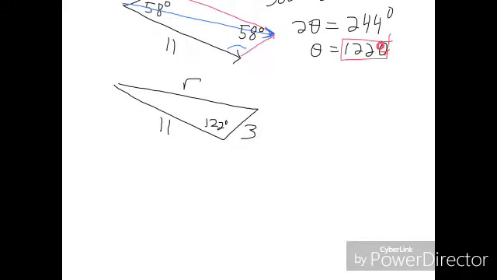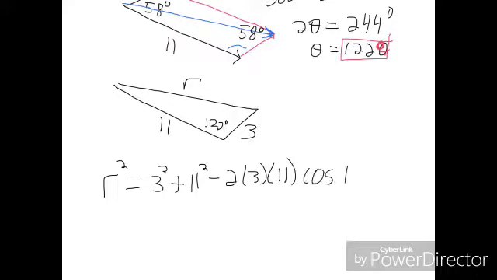All right, law of cosines. r squared equals the other two, 3 squared plus 11 squared, minus 2 times the other two, 3 and 11, and cosine of the angle between the 3 and the 11, cosine 122 degrees. Now we need to work all that out and square root. So on to the calculator.